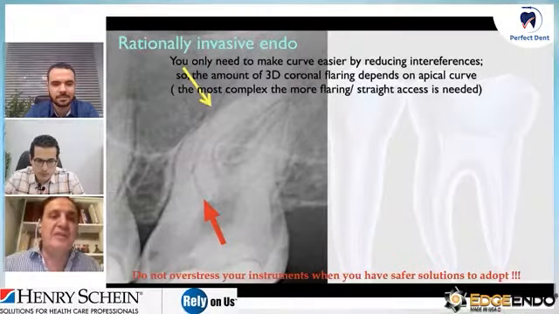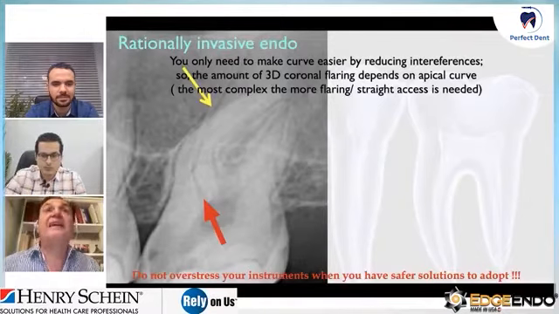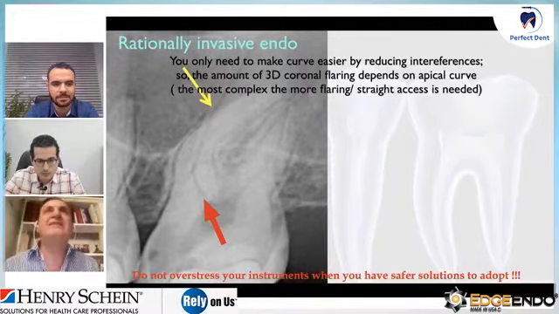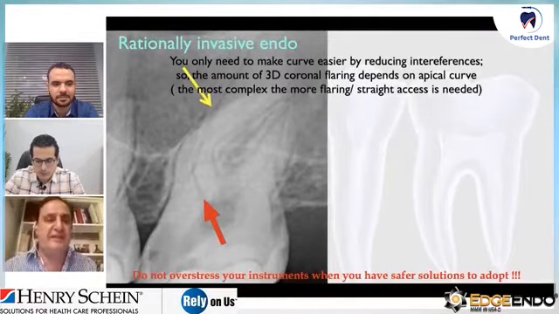So the more complex the apical curvature, the more flaring, the more straight-line effect is needed, because I don't want to overstress my instrument. When I have a case like this and insert my instrument already flexed, I can even pre-curve my Martin CD file.